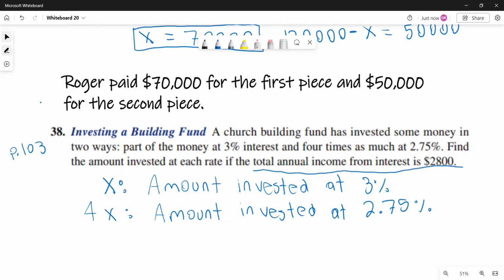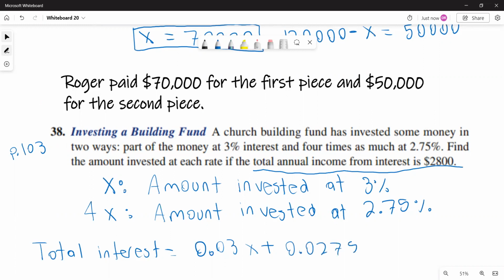So the total interest is X dollars invested at 3%, that's going to be 0.03 times X, and 4 times X dollars invested at 2.75%, that's going to be 0.0275 times 4X. That is 2,800.